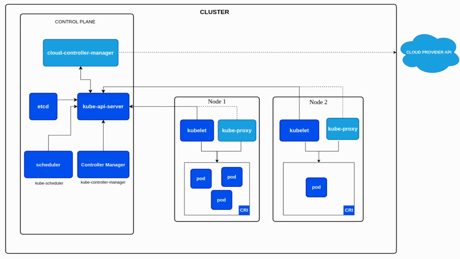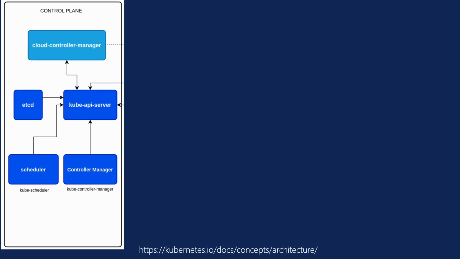But let's break this small architecture down into smaller pieces, which we will come back to at the end. The first piece that we can speak about is the control plane. This is one special node that we have seen previously, and it has a bunch of components.